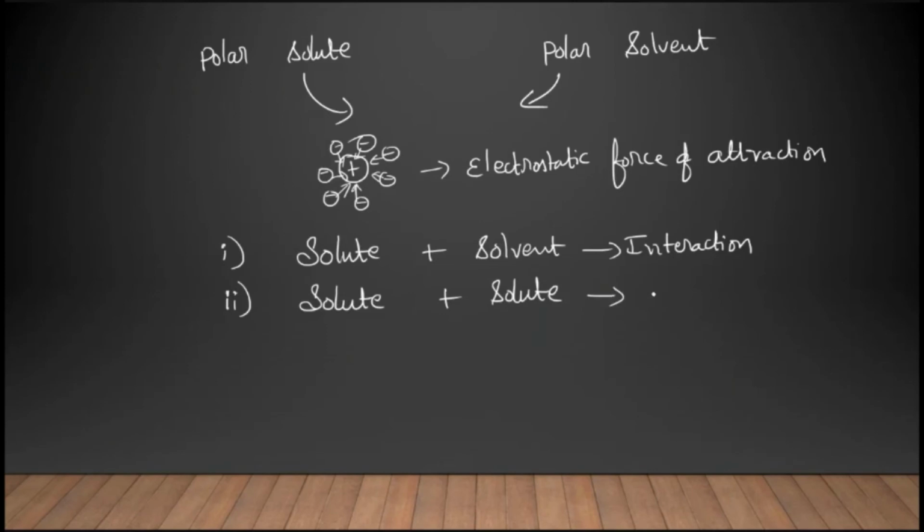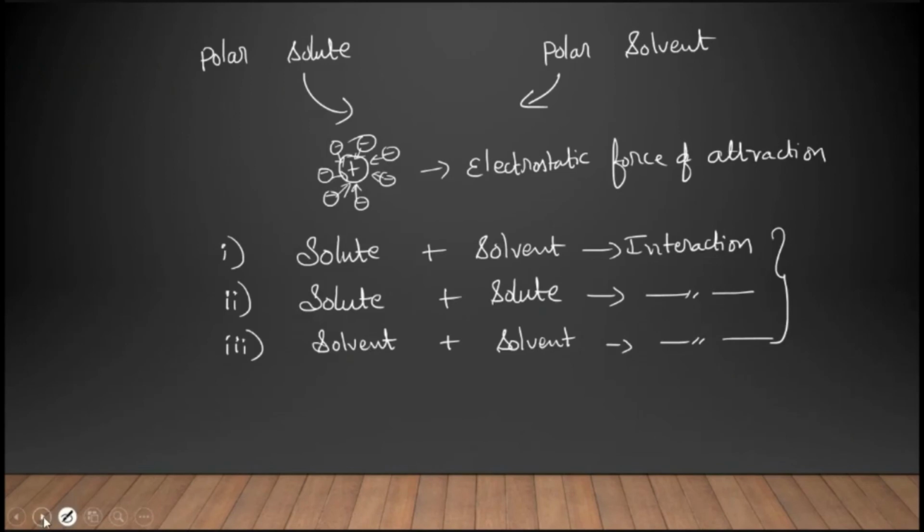Both the solute particles can interact with each other and they try to dissolve. The third type of interaction is solvent-solvent interaction. So these three types of interaction lead to the dissolution of a polar solute in a polar solvent. Okay, so this is the thing about the first factor.